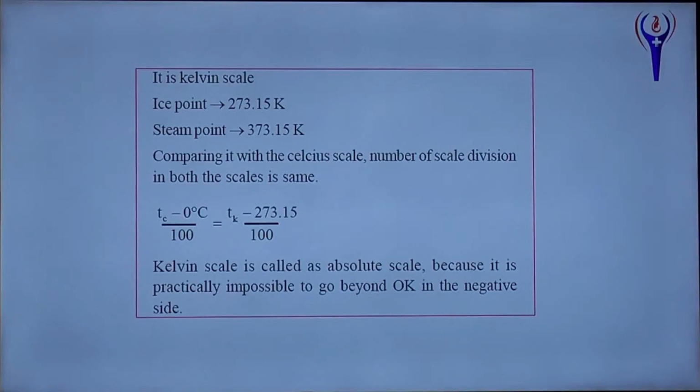T minus 0 is just T. So, T in degrees Celsius divided by 100 equal to (Tk minus 273.15) by 100. This 100 getting cancelled. Then T in degrees Celsius equal to T in Kelvin minus 273.